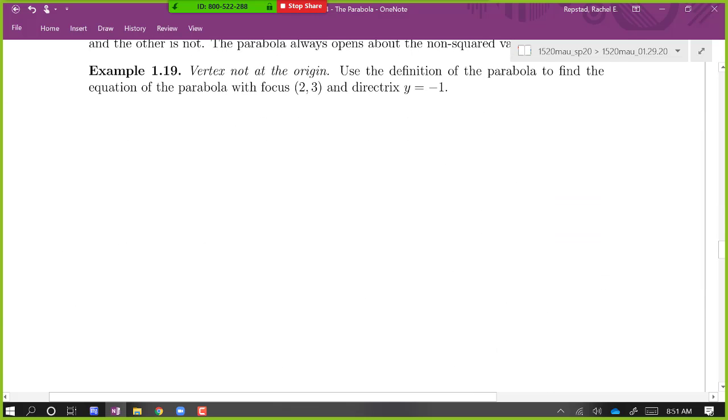So what I often find helpful if I'm starting out with geometric information is just plotting what I know.